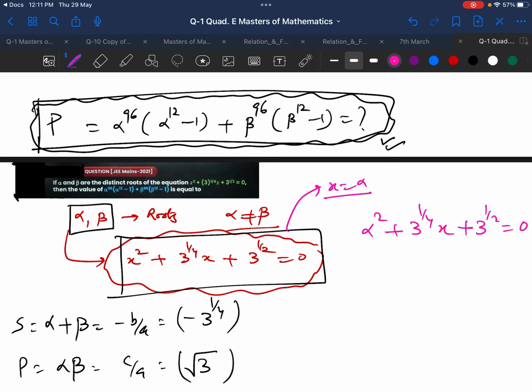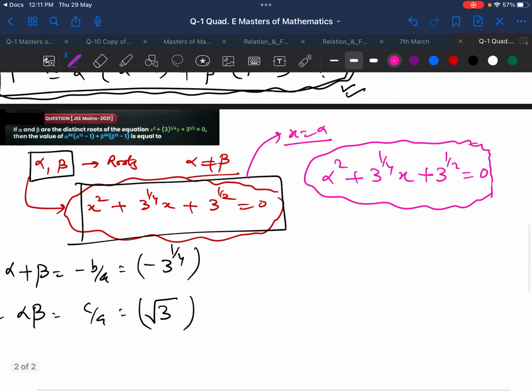I can write this because it is given that alpha is one of the roots, so it will satisfy this equation, right? There is some mistake. I will write alpha here in place of x, because I have put x equal to alpha.